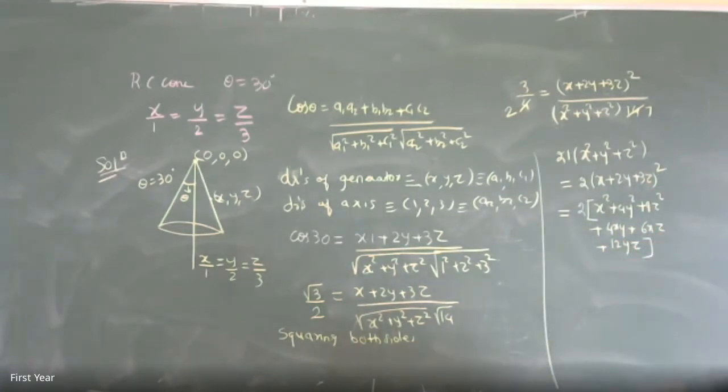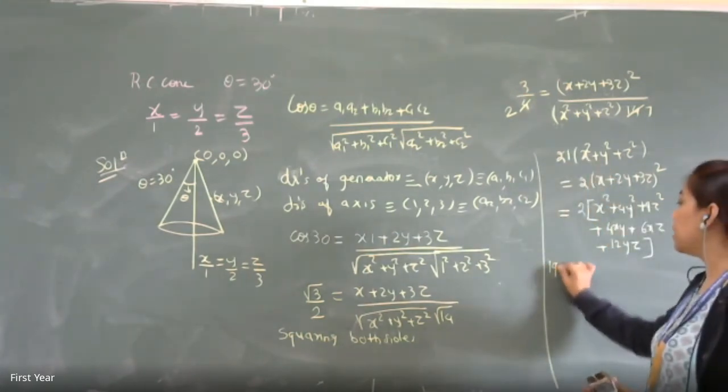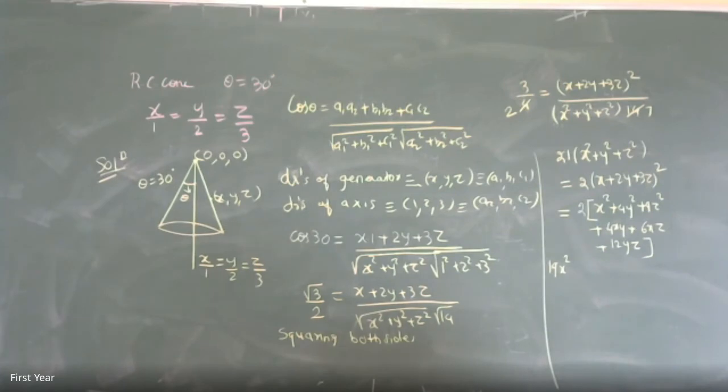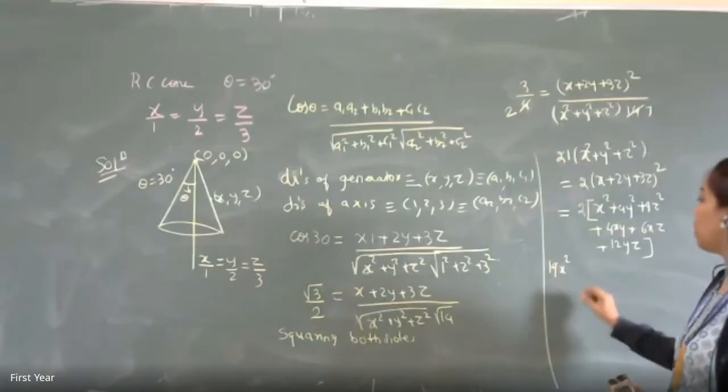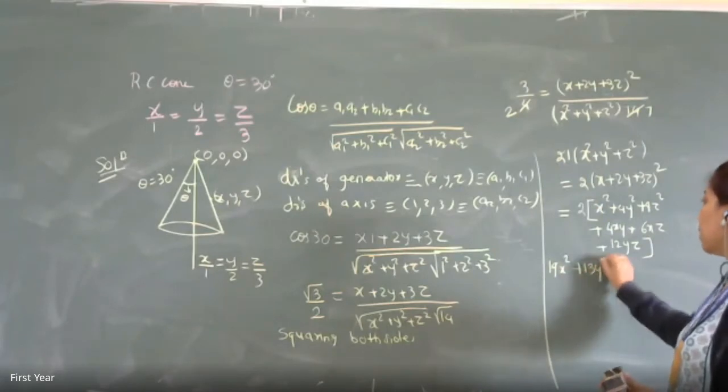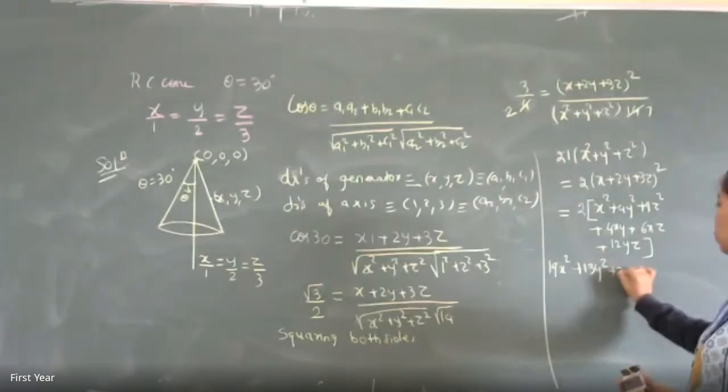Okay? And now simplify. This is 2x square, this is 21. 21 minus 2 is 19x square. Then 21 minus 8 is 13y square. And plus 2 into 9, 18, 21 minus 18 is 3z square. And all remaining terms should come minus directly.